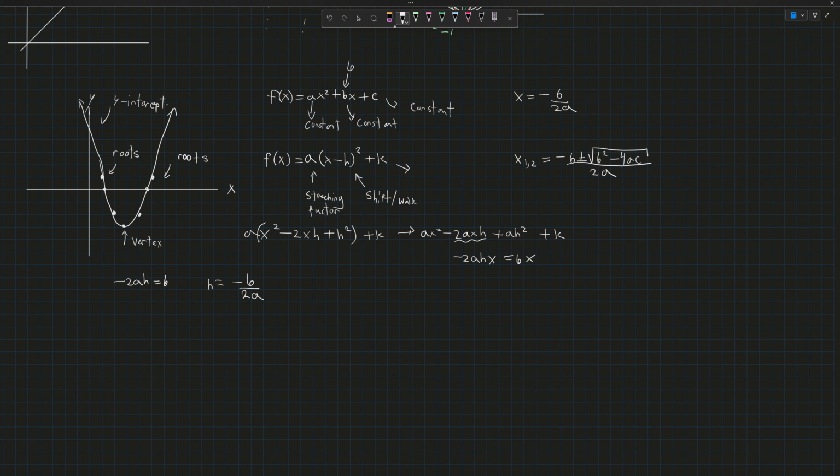Now, let me do an example of a parabola. For example, let's do something like 2x squared minus 6x plus 7. And of course, we could identify this as a, following the same format, b, this is c.